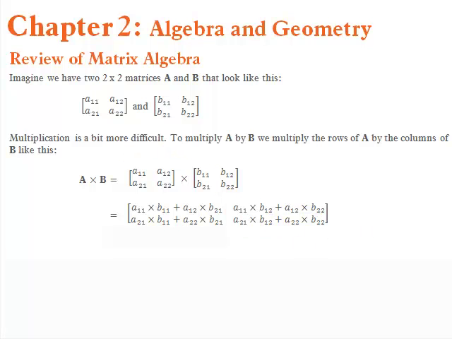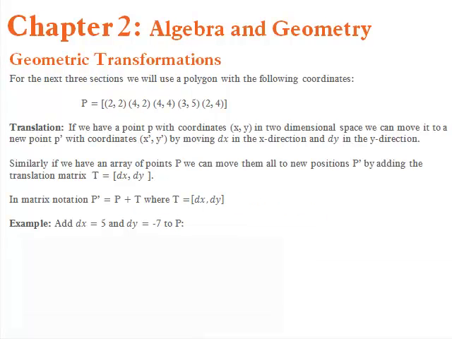I want to use these three operations now to look at geometric transformations. Assuming we have an array of points, which is a shape somewhat like this, that's 2, 2, 4, 2, 4, 4, 3, 5, 2, 4.